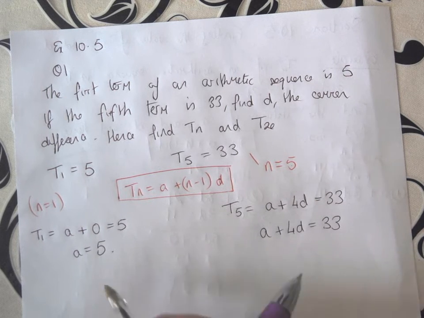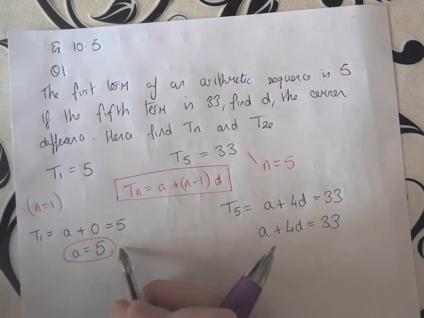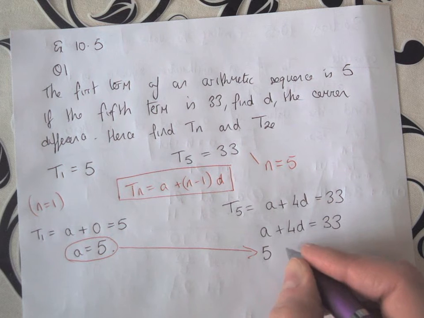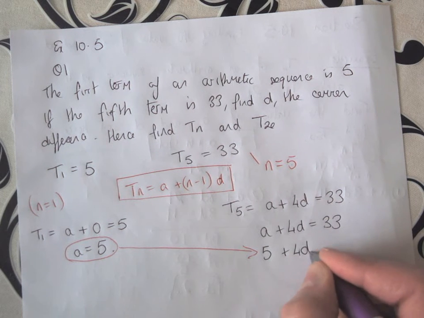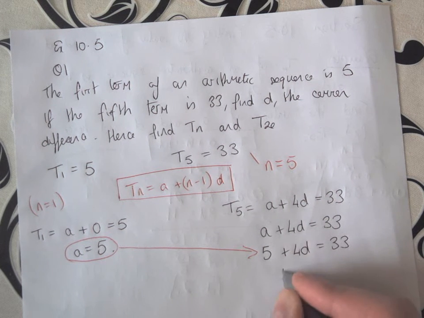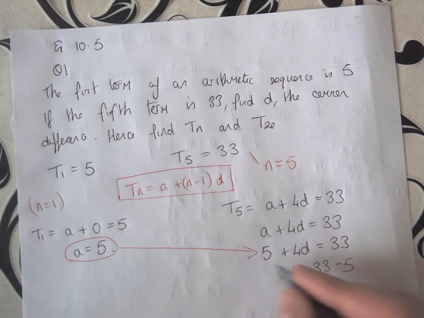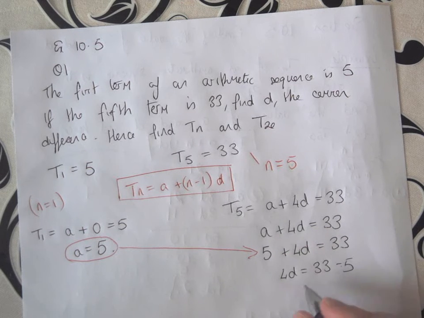Now this one is simpler than the last one because we already have A, so we can just put that over here in for A and we'll be able to find D. So 5 plus 4D equals 33. 4D equals 33. Take away 5 because that's being added at the moment. Opposite of adding is minusing. When we bring something over to equals, it does the opposite of what it's doing at the moment. So 4D equals 28, so D is equal to 28 over 4, so D is equal to 7.